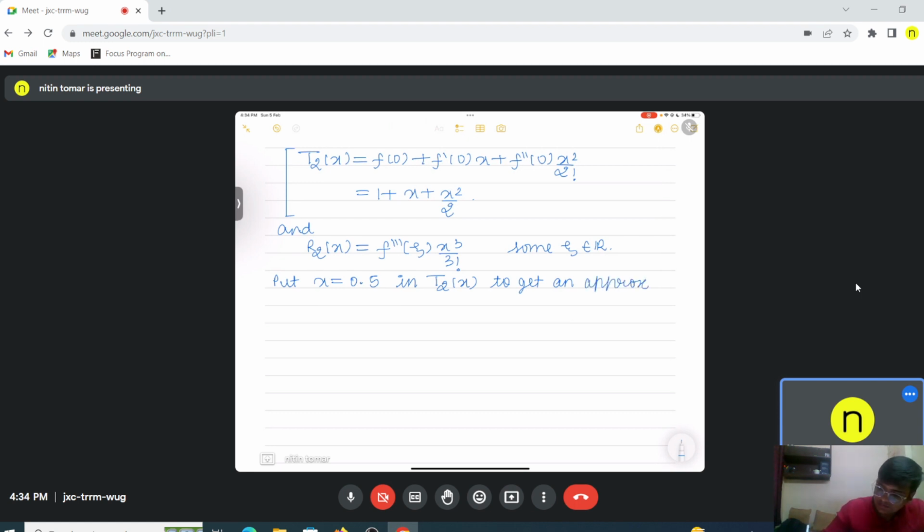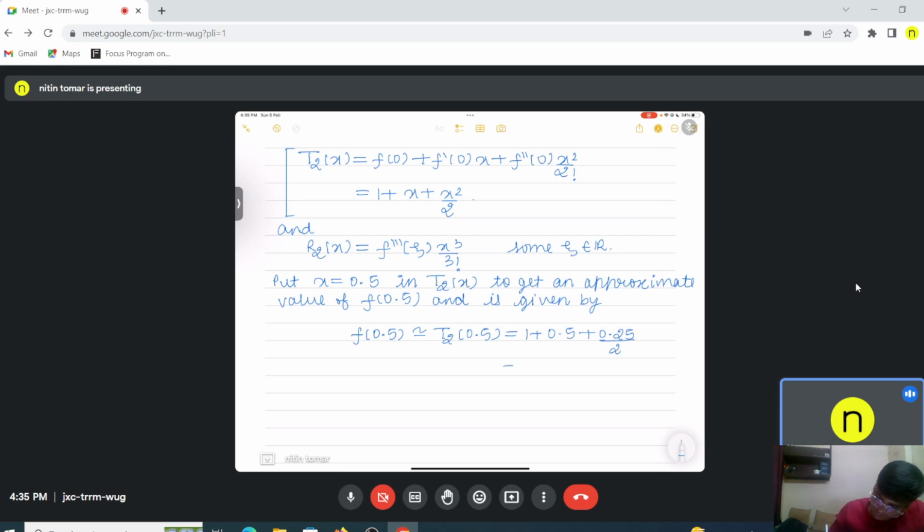To get an approximate value of f of 0.5, f of 0.5 is considered approximately equal to this, and what is this value? 1 plus 0.5 plus 0.25 by 2.